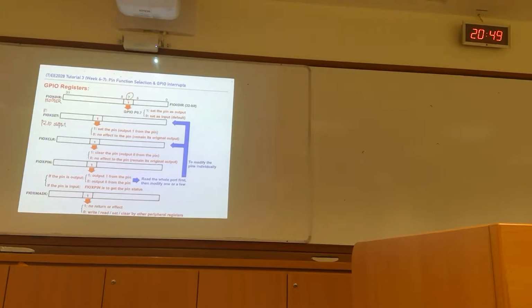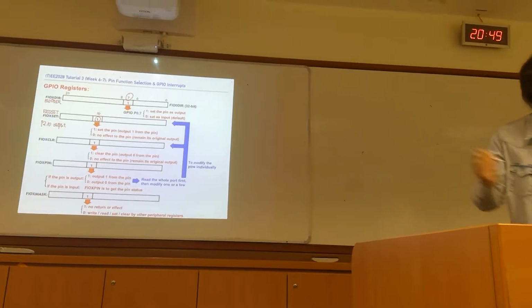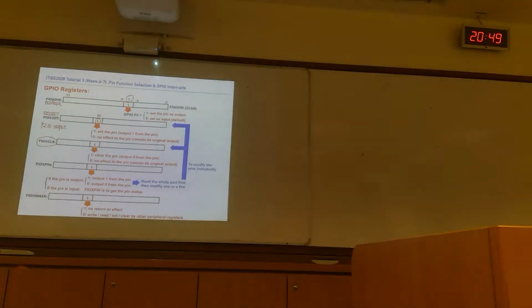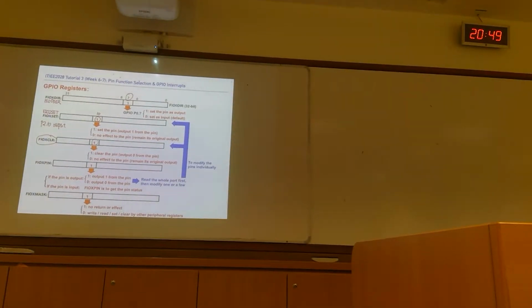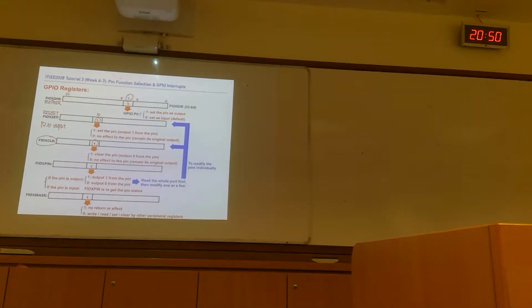And if you write FIO2 set at location 10, if you write 1 here, means you are going to output 1 from this pin. Okay, if you write 0 to this register, it doesn't take any effect because this is a set register. Okay, if you want to output 0 from this pin, you go to the corresponding clear register and write 1 here. Means you want to clear the pin. Clear means you want to output 0 from the pin.